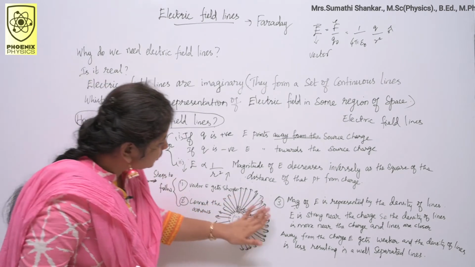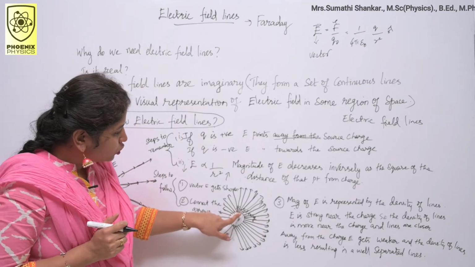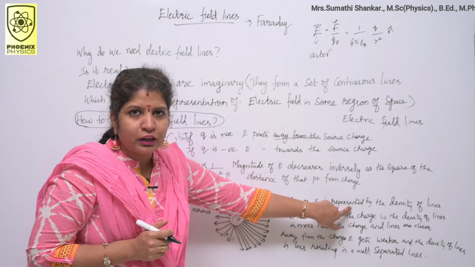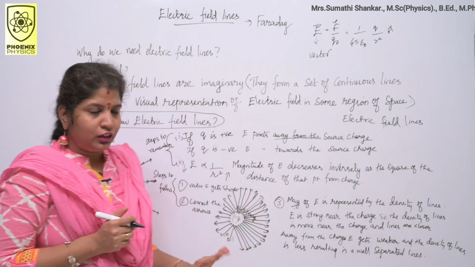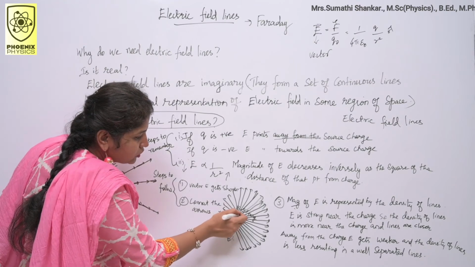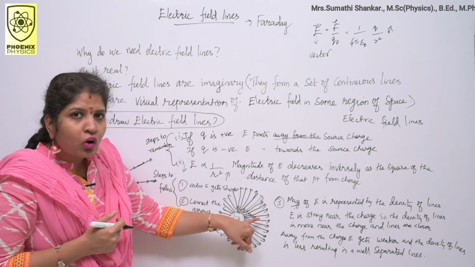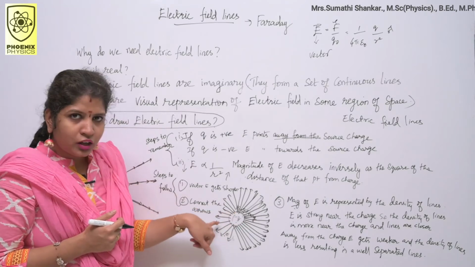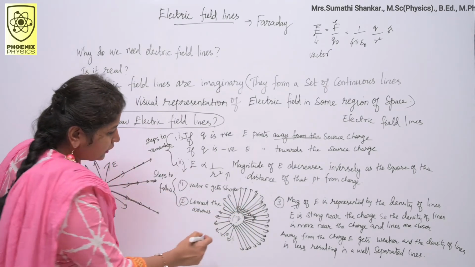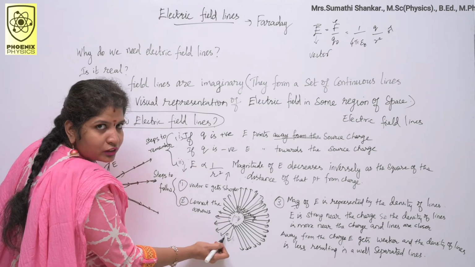From this diagram you should remember the magnitude of E is represented by the density of the lines. Look at the diagram. Here the lines are more dense near the charge, which means E is strong near the charge. That is why the lines are closer near the charge. Here consider this position. This position is away from the charge.